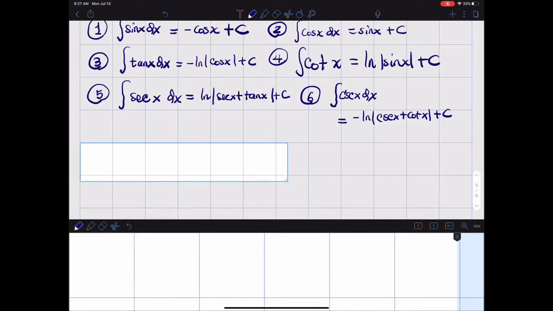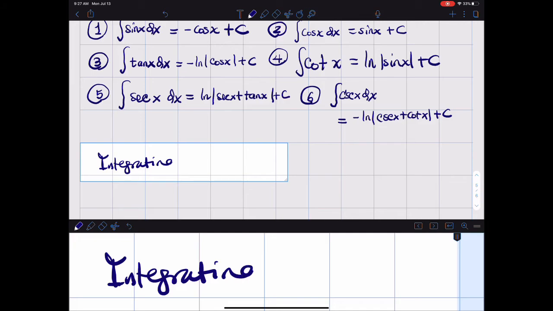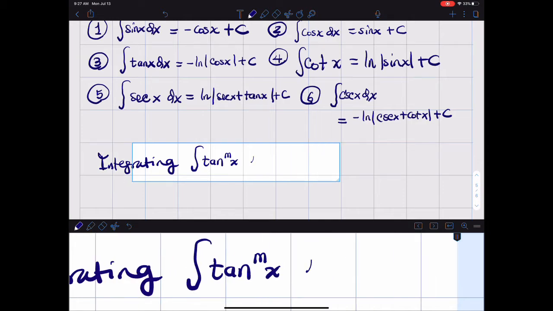Okay, so let's look at another class of integrals. How do we integrate things that look like this? Tangent x to the power of m, secant x to the power of n dx.